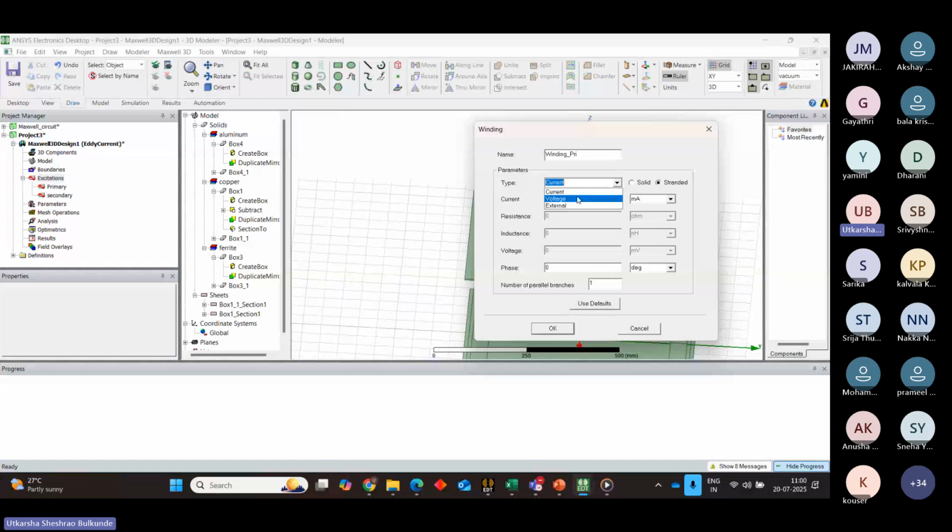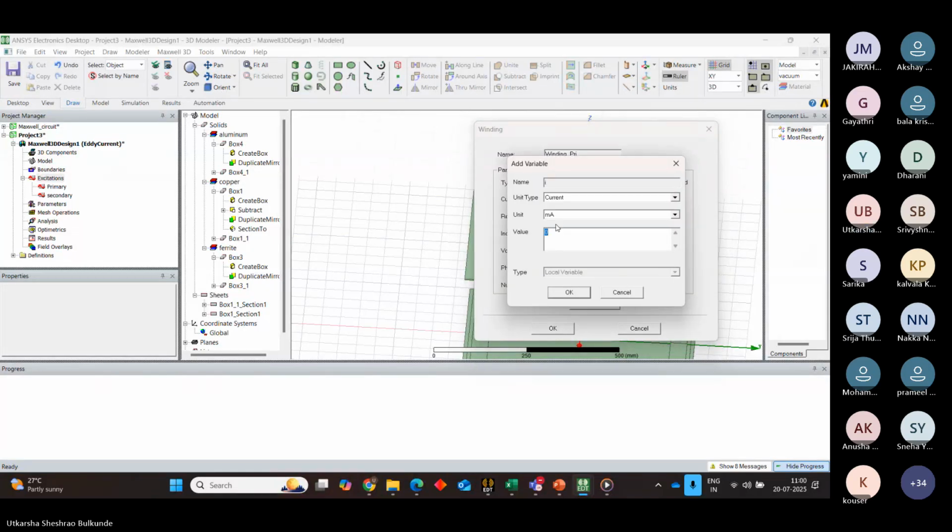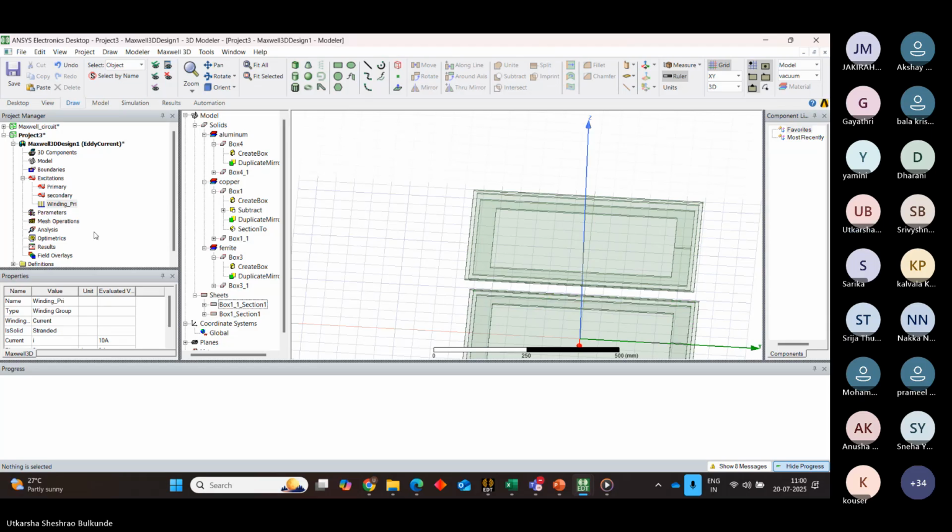You can put voltage also, but for now we are just dealing with current. So current. Okay, current. Then I, initial 10 ampere I'm selecting.